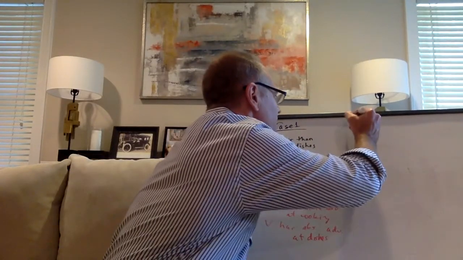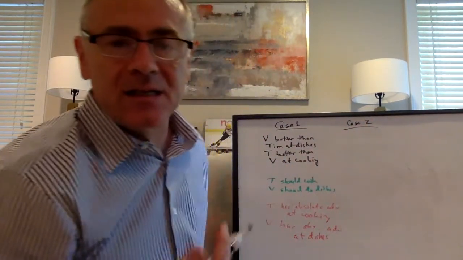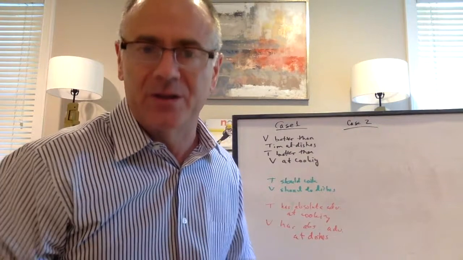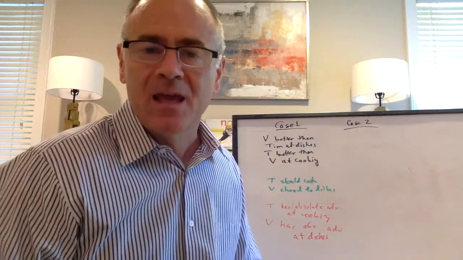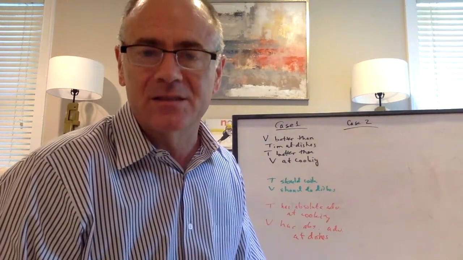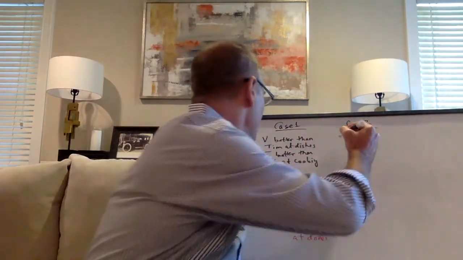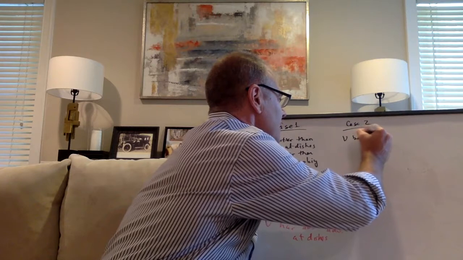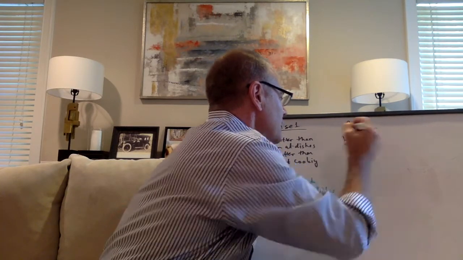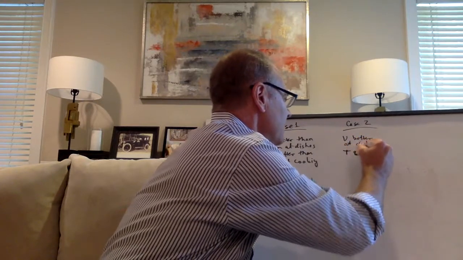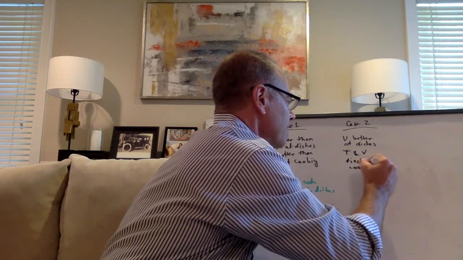Now let's consider case two. Okay. Now this is, like I said, about our second year of marriage, where all of a sudden Victoria has been getting better at cooking, and she's about tied me. She's tied me at cooking, but she's still better at dishes. Okay, so Victoria is better at dishes, Tim and Victoria tied at cooking.